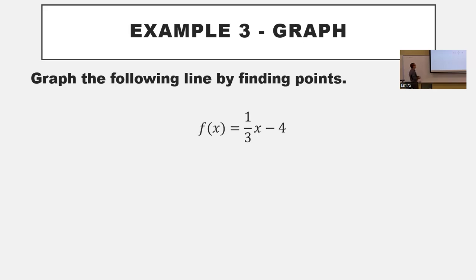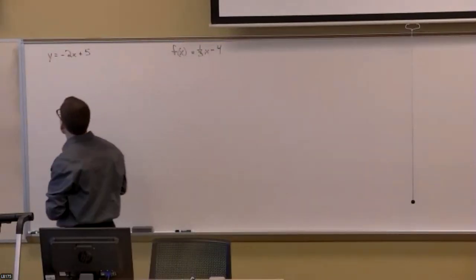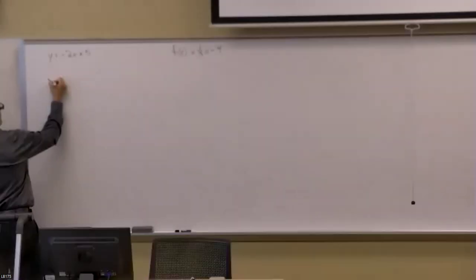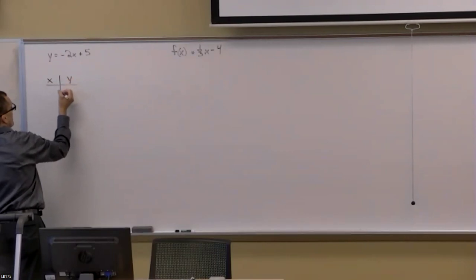I can do the same thing if we had a linear function. I'll use f of x equals 1/3 x minus 4. So if we were doing this, I just plug in some different x values and find the corresponding y value.